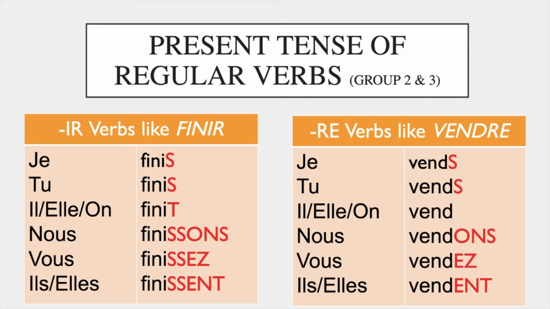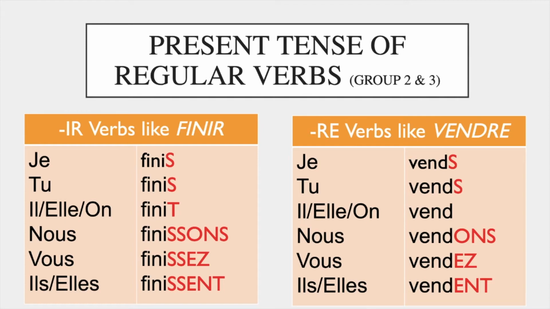Now let's look at the other two groups, the IR verbs and the RE verbs. Finir is an IR verb, and like most IR verbs, the endings would be those that are put in red here. The same for RE verbs. As you can see, RE verbs, like vendre, will have no endings at all for the third person.